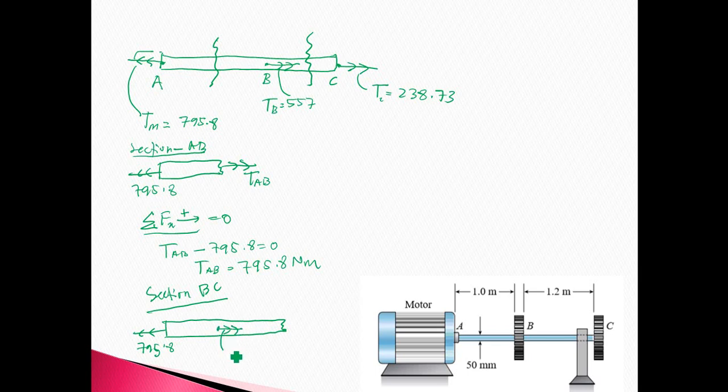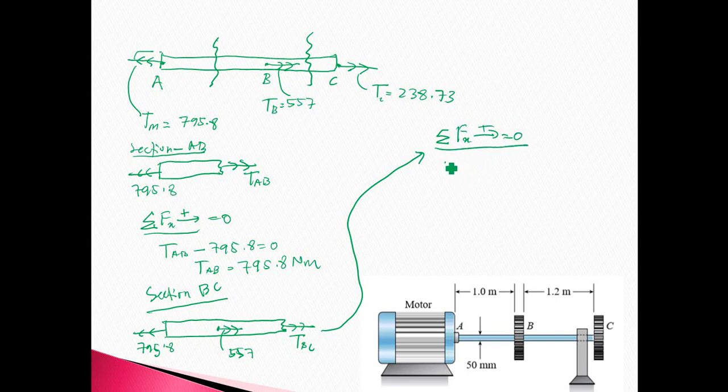Okay, at point B is 557, and here will be the TBC. Okay, so applying the summation of force in the x direction, the summation of force must be equal to 0 for static equilibrium.